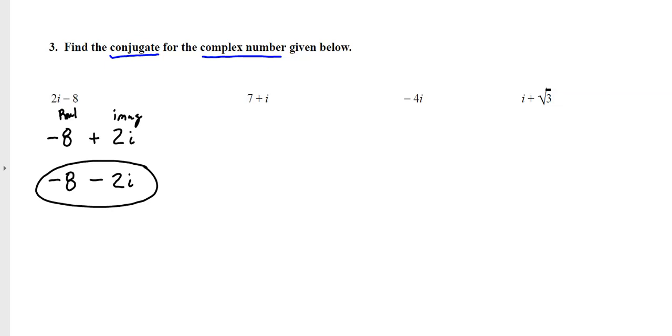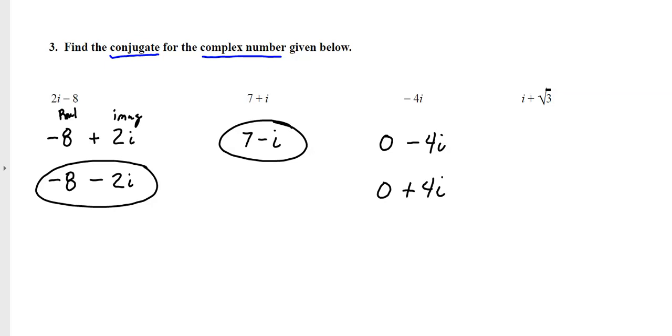All right, this one's a little easier. If it's 7 plus i, the conjugate is just 7 minus i. Now this one, if I have negative 4i, how you have to visualize it is that the real part's really 0. So I have 0 minus the imaginary part. So 0 plus 4i is going to be the conjugate, which, since we're adding 0, is really just 4i.